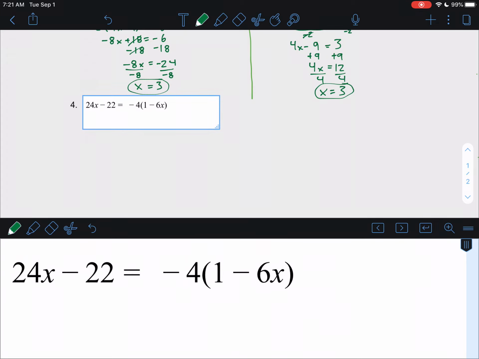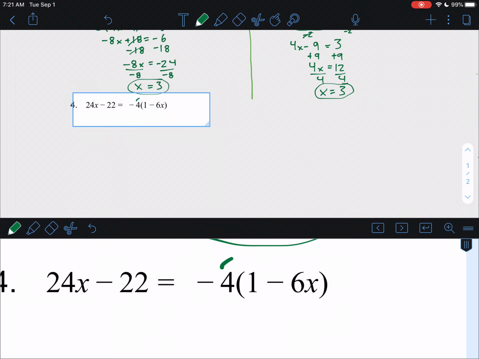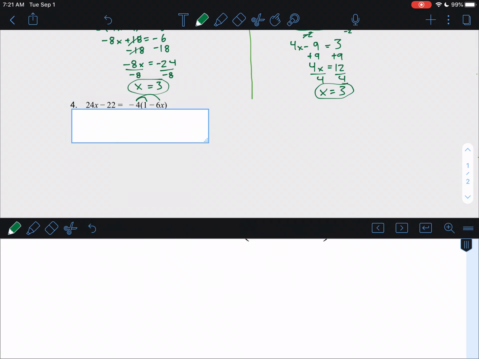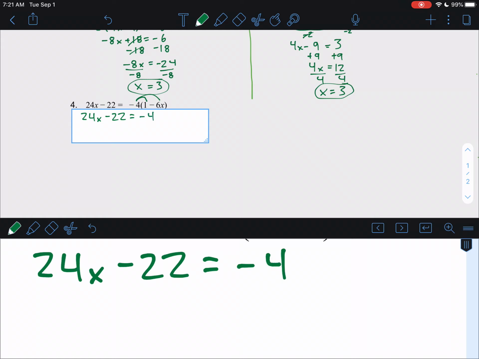So let's see. I'm going to distribute this negative 4 to both terms inside the parentheses. Negative 4 times 1, so I'll rewrite my left side. So 24x minus 22 equals, negative 4 times 1 is negative 4, and negative 4 times negative 6x is positive 24x.